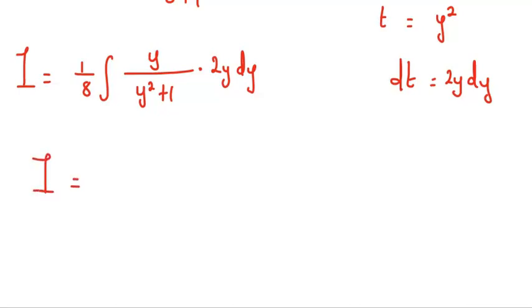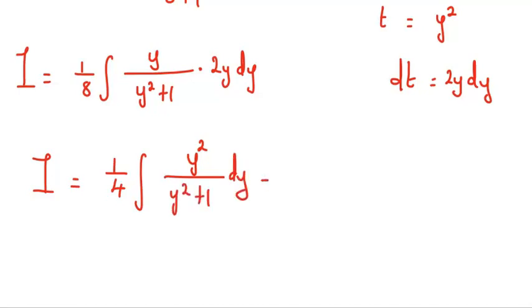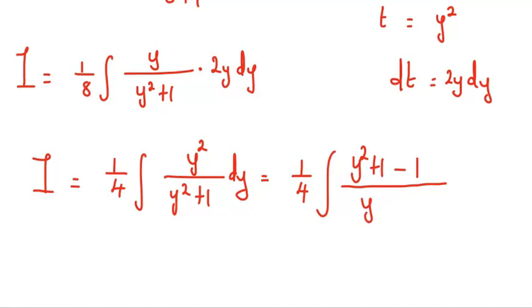So we have this equal to 1 by 4 the integral of y squared divided by y squared plus 1 dy. So you see how the magic is working out. Again, we have to perform another magic by writing this as y squared plus 1 and then minus 1, then divided by y squared plus 1, and we have dy.